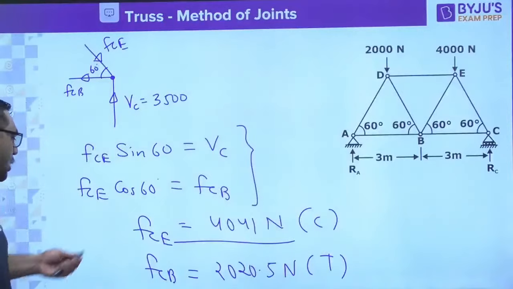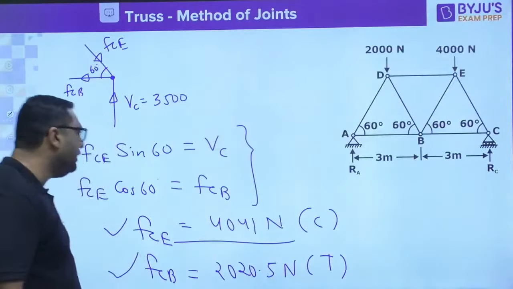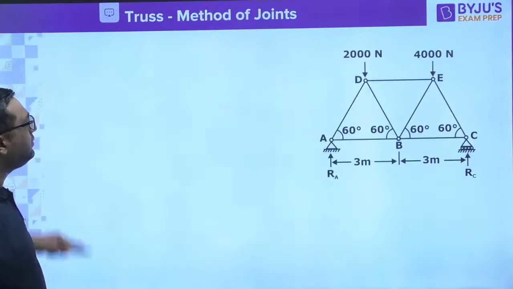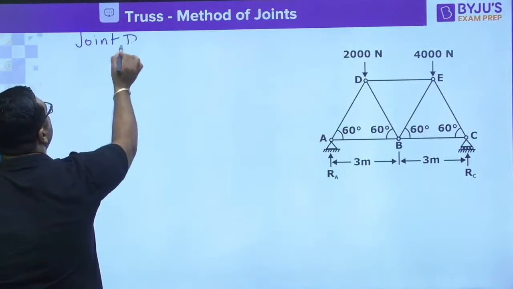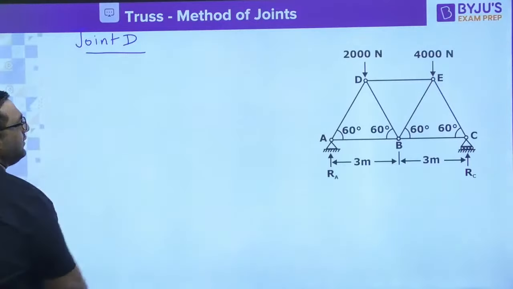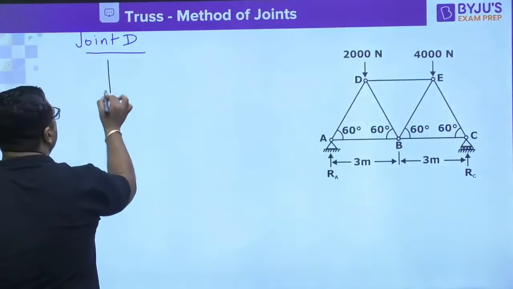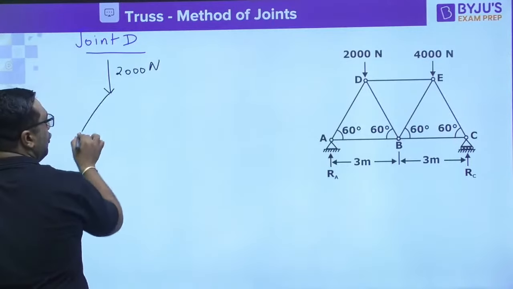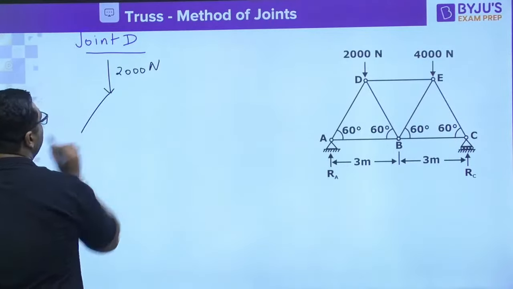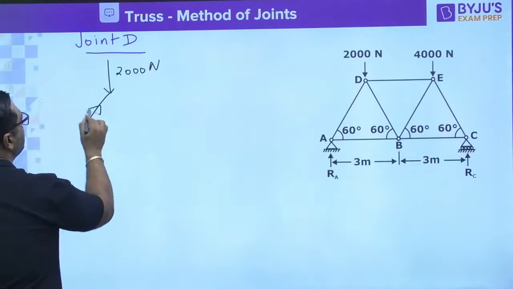Okay, so my dear, now these are the FCE and FCB values. Now we are going for joint D. So when we are going for joint D, guys, at D 2000 Newton force is acting. And you already know about the force FAD, and you know about the direction as well.